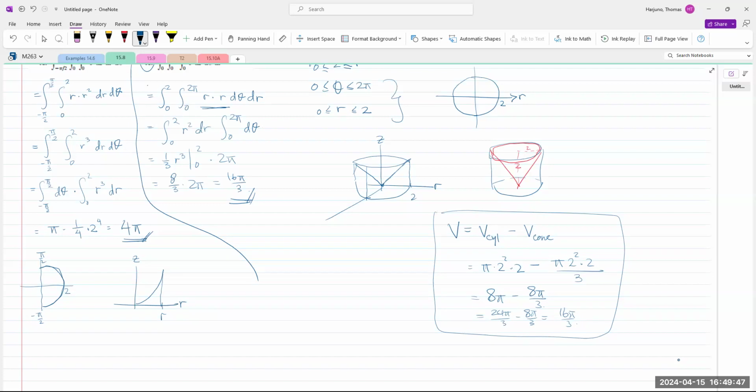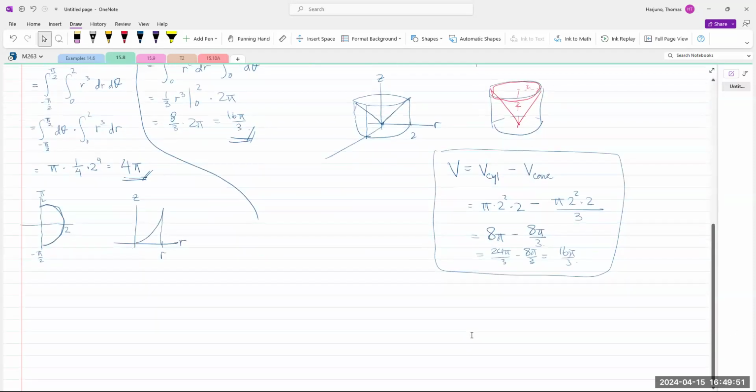Okay, so if I rotate that, it actually looks like this, but only half. It's like half of the cylinder, but then we cut the paraboloid away.